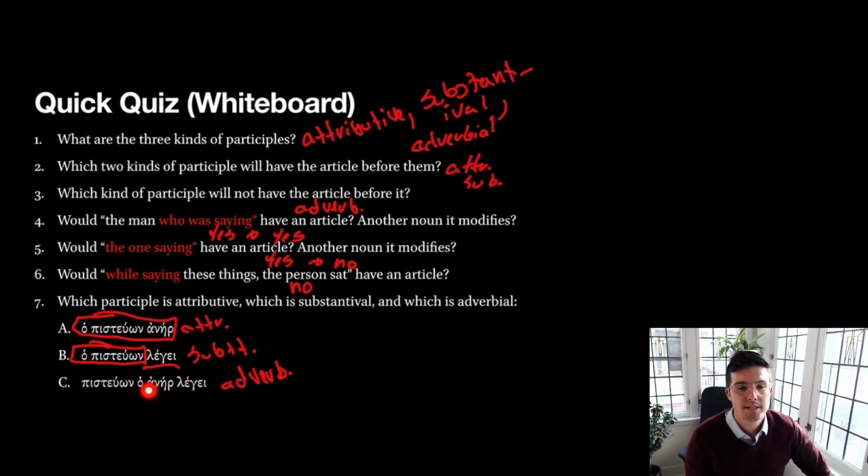So these actions happen simultaneously. If this were an aorist tense participle, which it could be, then what would happen? How would this action relate to this verb if this was an aorist tense participle? And this is the last question for the video, I promise. Nailed it. Yes, the action of believing would happen first and then the speaking would happen. So it would be 'having believed' or 'after having believed, the man says.'